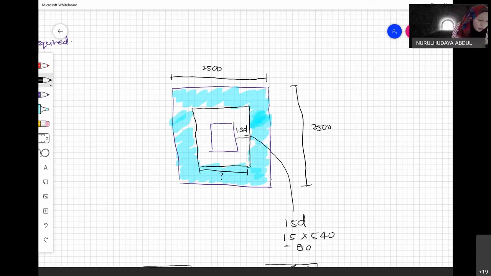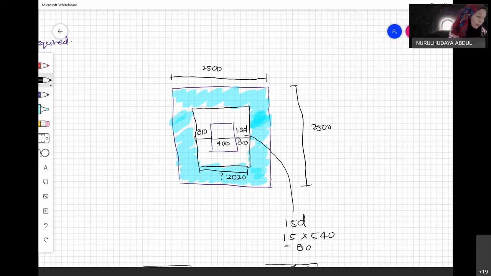Okay, obviously kalau ini 810, kat sini pun mestilah 810. Ini 810 dan ini adalah 400 sebab ini column width. So 810 darab 2 campur dengan 400, you akan dapat 2020. So itulah panjang dia.